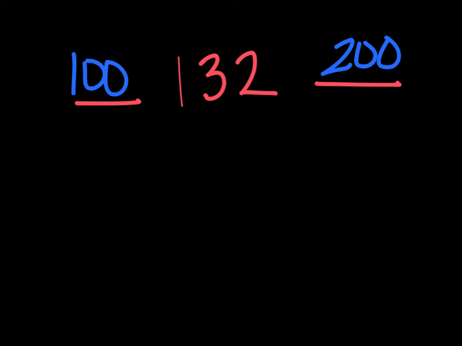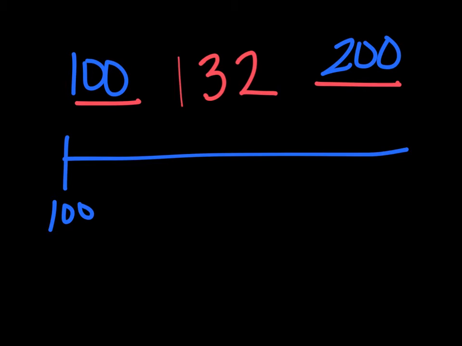Okay? Now you could draw a number line and you could say that I have 100 here and I have 200 here. This would be 150. And if I wanted to guess where 132 would be, it would probably be right in here somewhere.